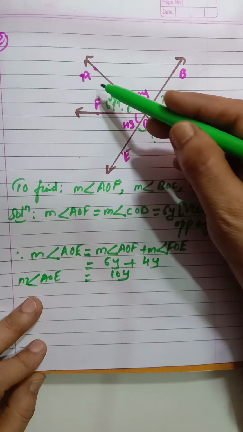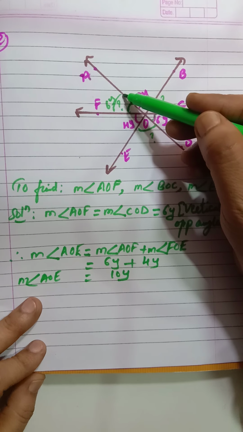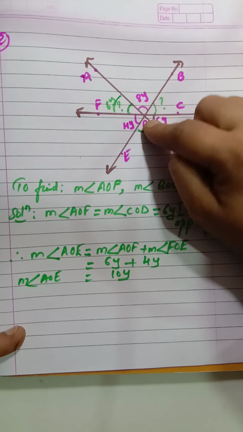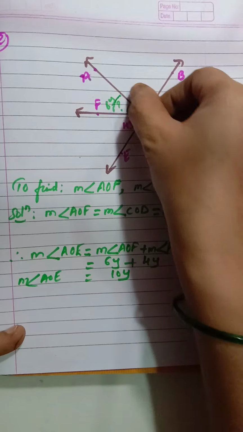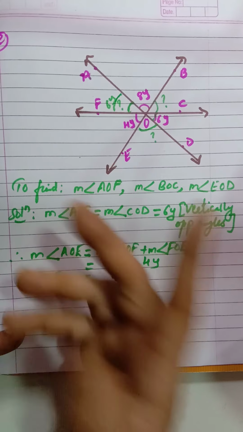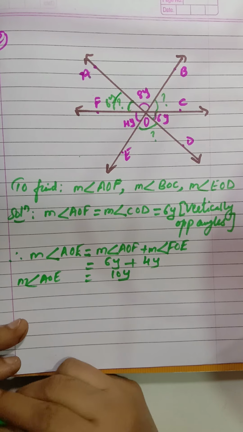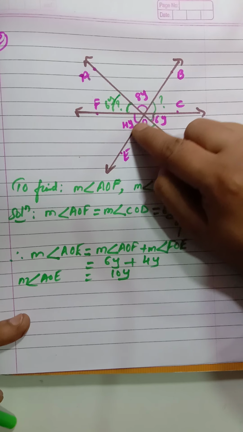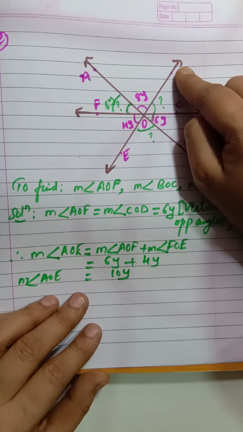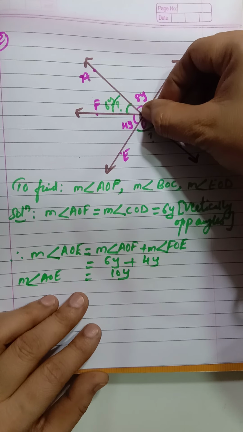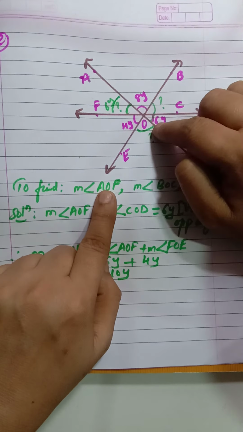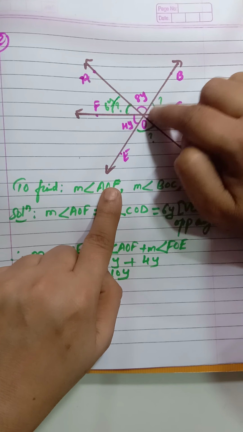Now see children, AOE, this full angle is how much? 10y, because 6y plus 4y is 10y. Now you can see children, this is a straight line, see carefully, that is BE, and here we have 2 angles, angle AOE and angle AOB.